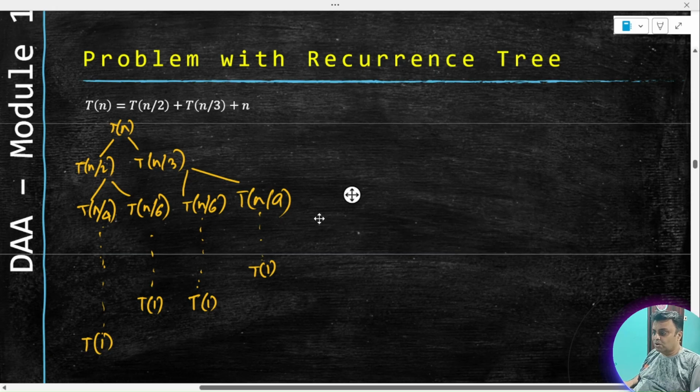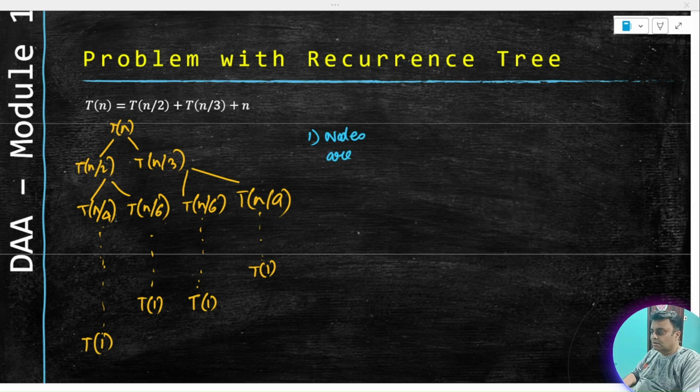And then we also have a sub problem. We have another problem, which is that the nodes are not equal. Right here, the nodes are not equal because the sub problem sizes are not the same. So I can write that the nodes are not equal as the sub problem size is not the same. Now what do I mean by that? I mean that at the first level I have n by 2 and n by 3 as sub problem size.